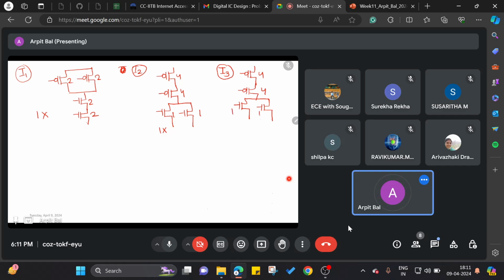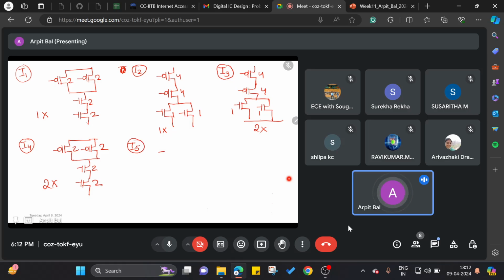What was the drive strength for I3? It was 2x. Similarly I4, its drive strength was also 2x.